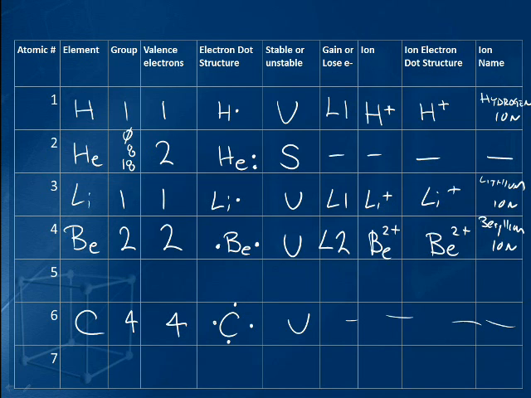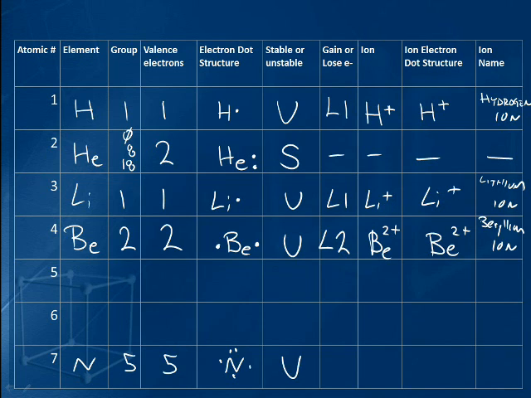Let's try one that gives us a negative ion. The next one over, nitrogen. Nitrogen is in group 5. Valence electrons, thus 5. The dot structure, so we have 1, 2, 3, 4, 5. Stable or unstable?